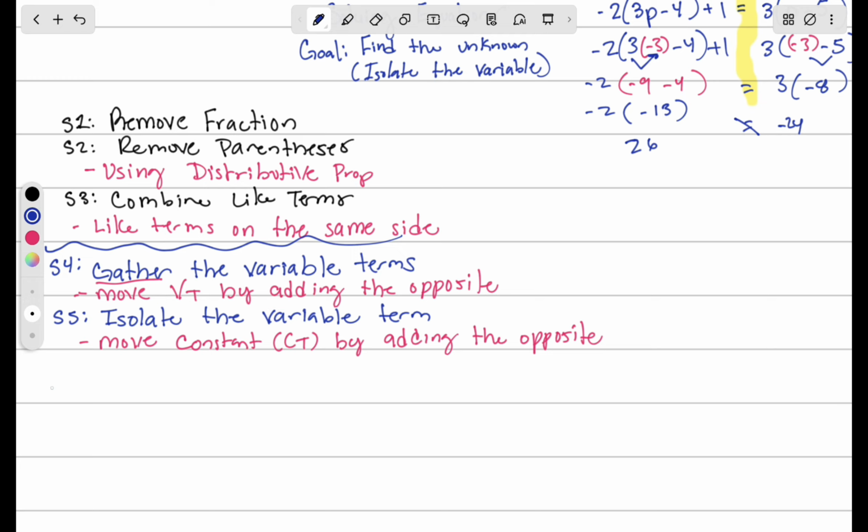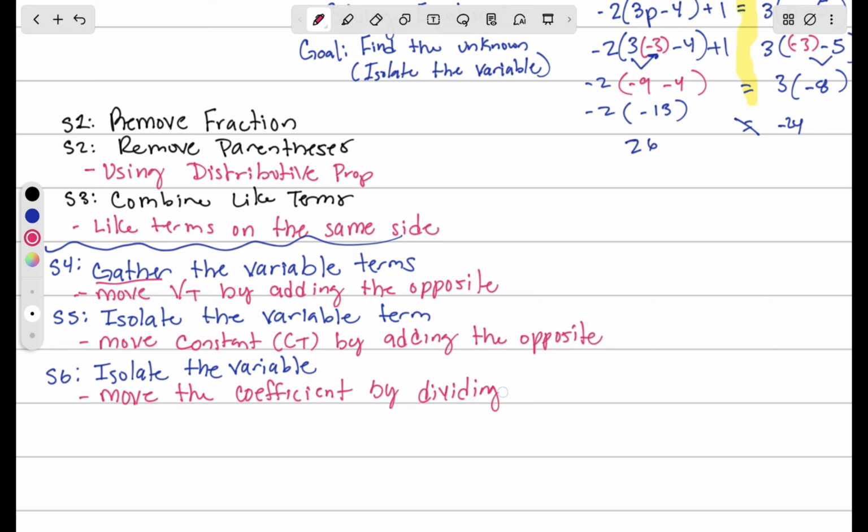And then the last rule is step 6. This is when you isolate the variable. You isolate the variable. That means you have to move the coefficient by dividing by it.